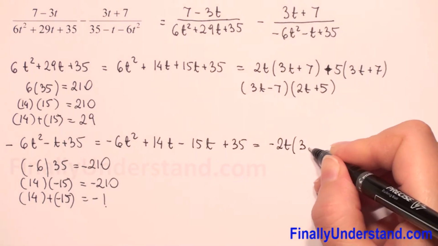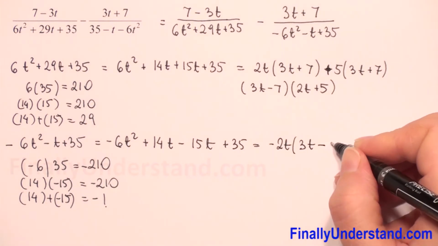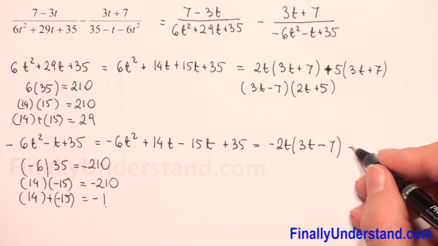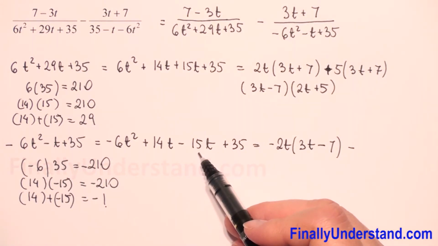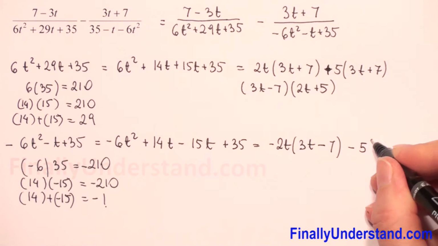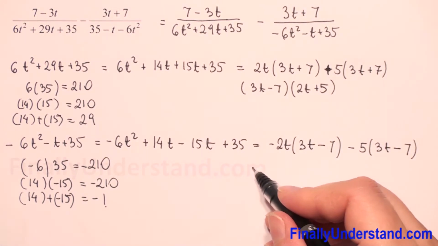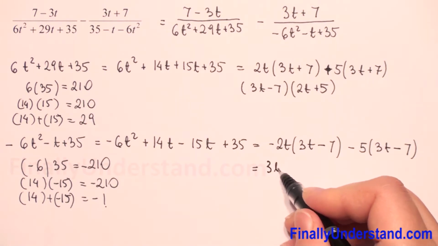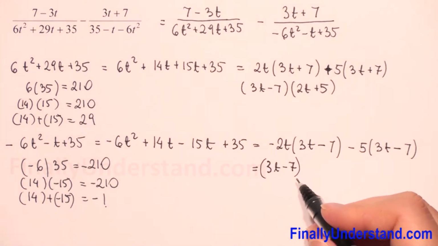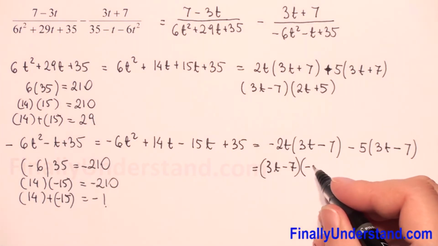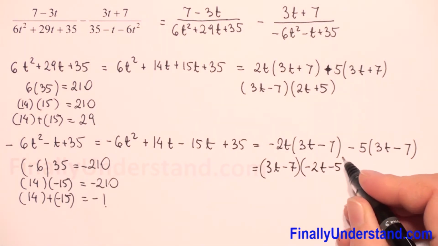So it will be 3t minus 7, and from the last two I will factorize negative 5. So it will be 3t minus 7. Now in parentheses we have the same term, so 3t minus 7 we can factorize, and in parentheses whatever is left will be negative 2t minus 5.